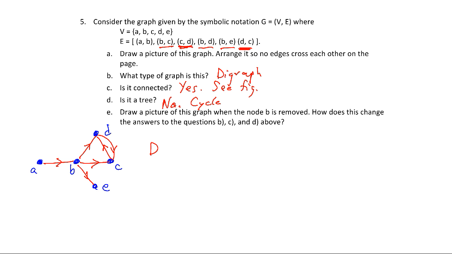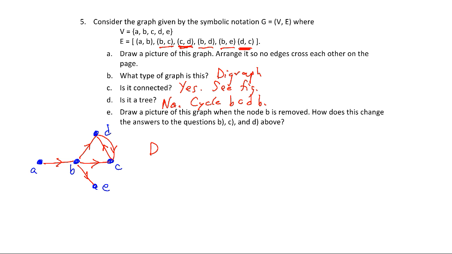Let's ignore the arrows for now. We have a cycle: B, C, D, B. In any case, we can't have any cycles, and so it is not a tree.